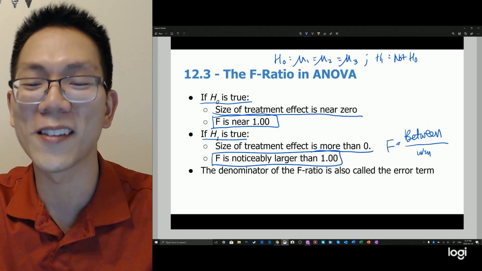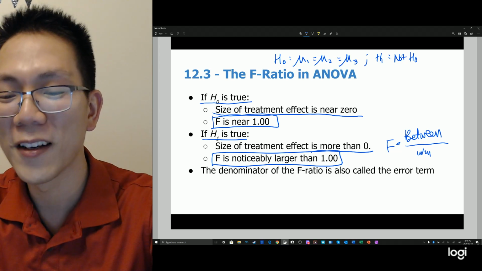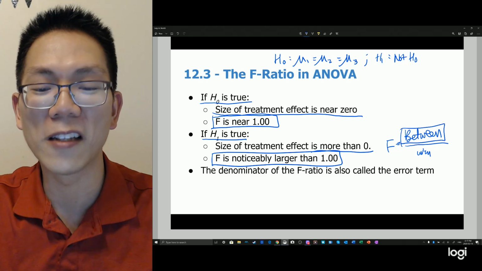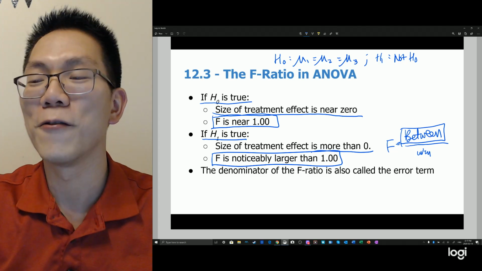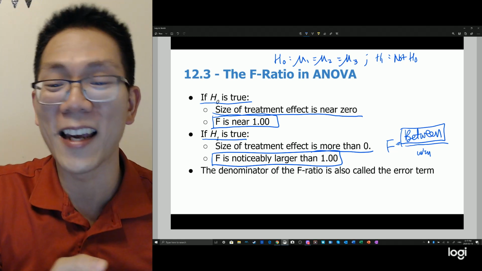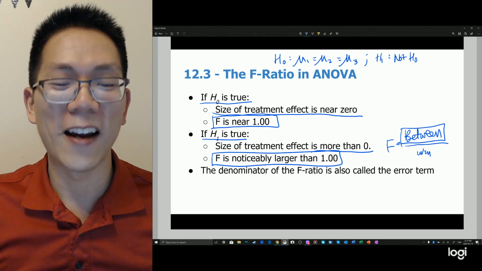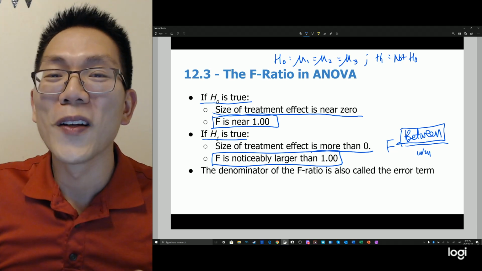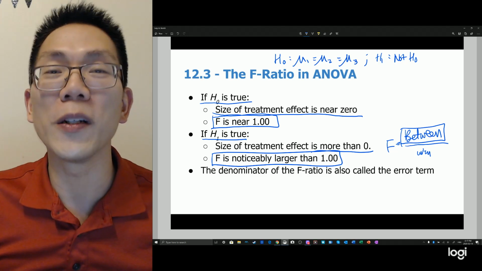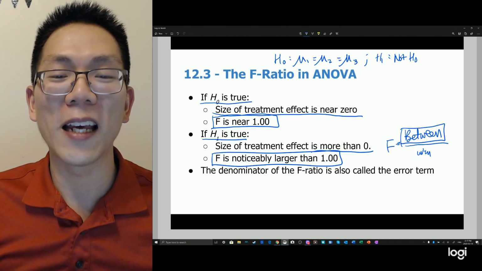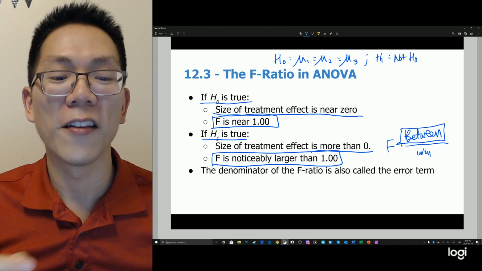I'm just using size as a comparison. So yes, if you notice the F ratio is larger than 1, then we are more likely to be led to say, okay, the alternative hypothesis is something we want to look at, or at least we can reject the null and say there probably is a relationship between the groups.